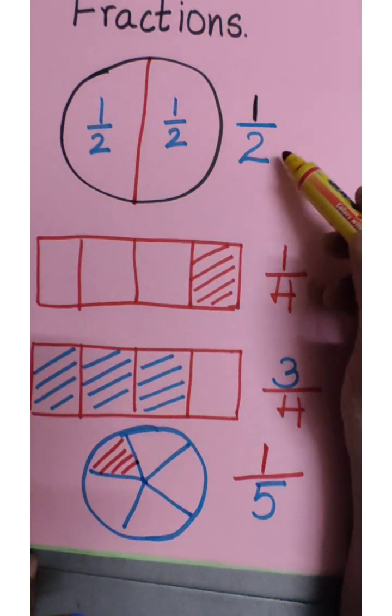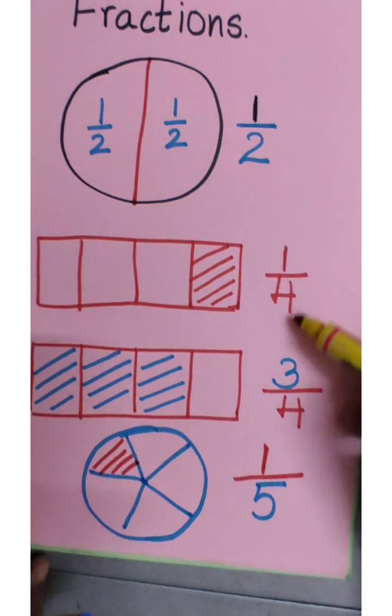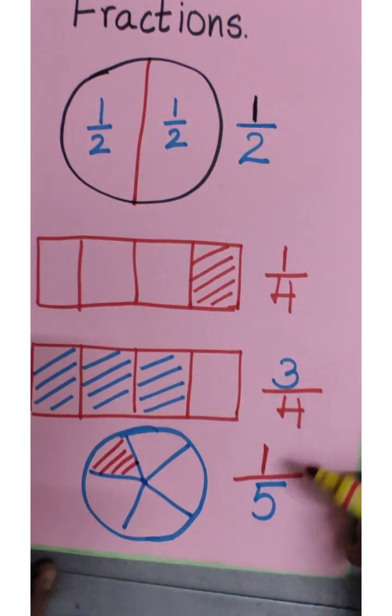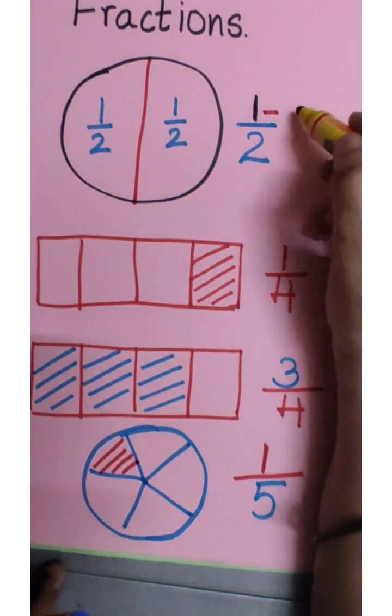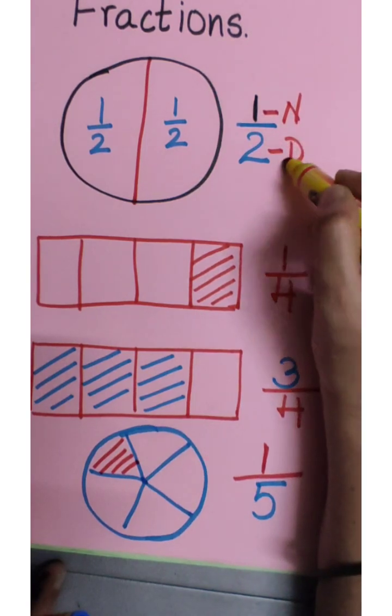Now children, you can see these fractions: 1 upon 2, 1 upon 4, 3 upon 4 and 1 upon 5. In the fraction half, 1 is the numerator and 2 is the denominator.